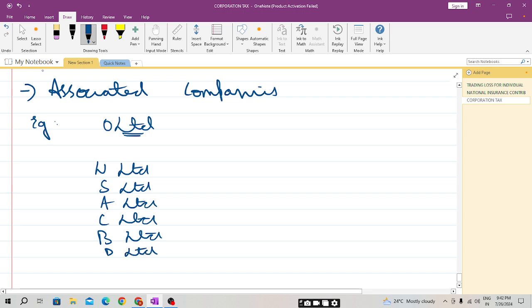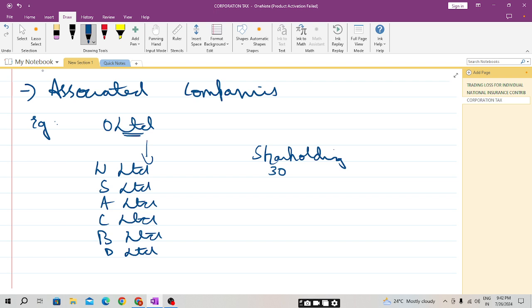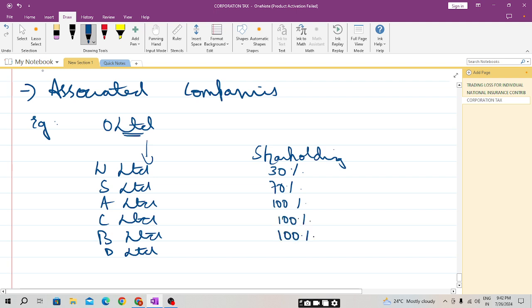W has shareholding of 30%, S Limited 70%, A Limited 100%, C Limited 100%, D Limited 100%, and B also 100%.